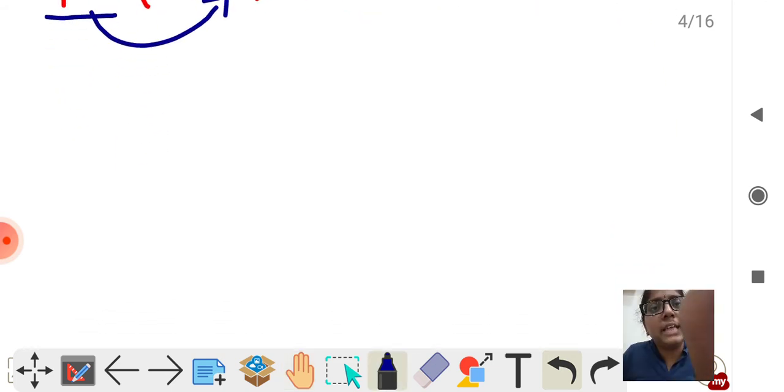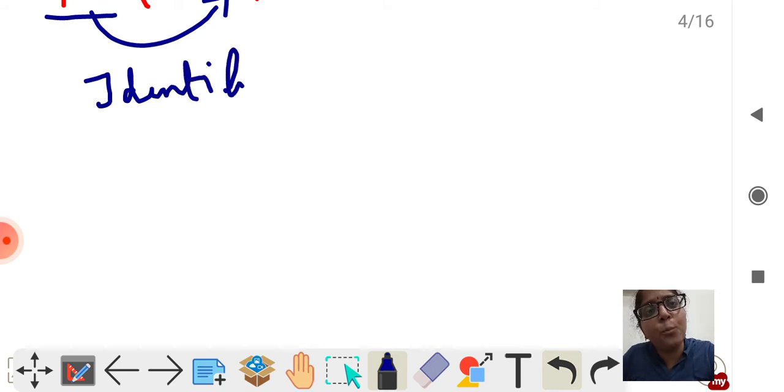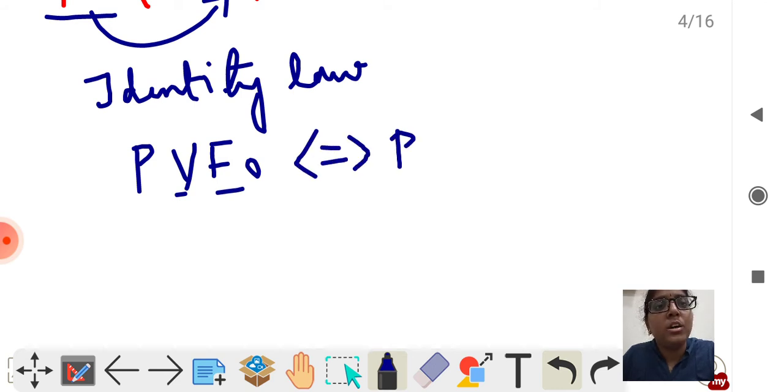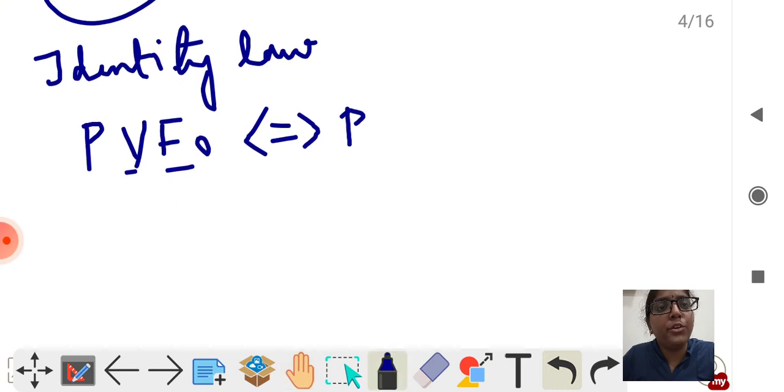So next law is identity law. What is identity law? If you operate some statement, you will get P OR F naught. Here we are having OR and F naught, which is logically equivalent to P. See, you can put the truth table and verify. If you are not remembering the law, you can easily put the truth table and write.